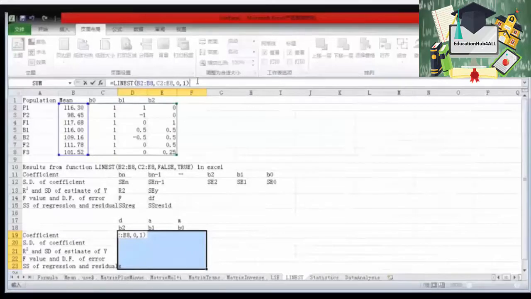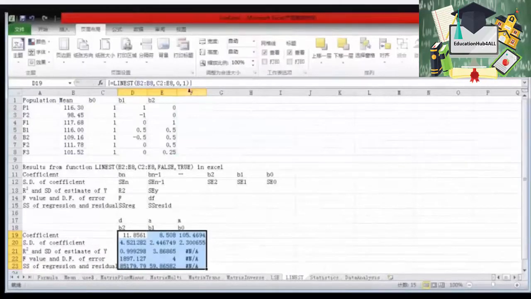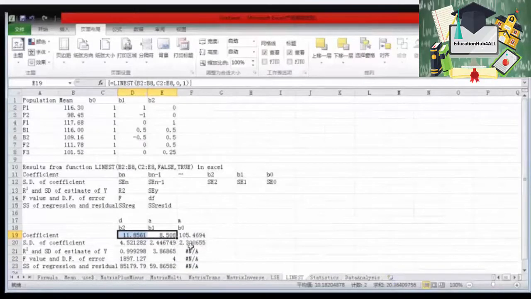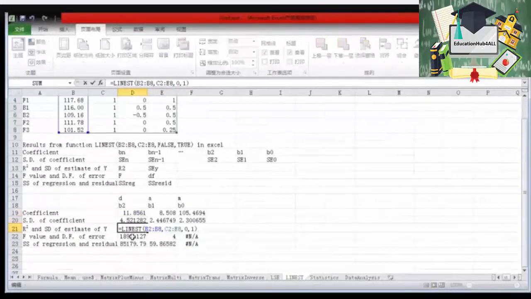False you can input as 0, true as 1, then Control Shift Enter, so we can have all the estimates, the coefficients, standard deviation, and the R square.